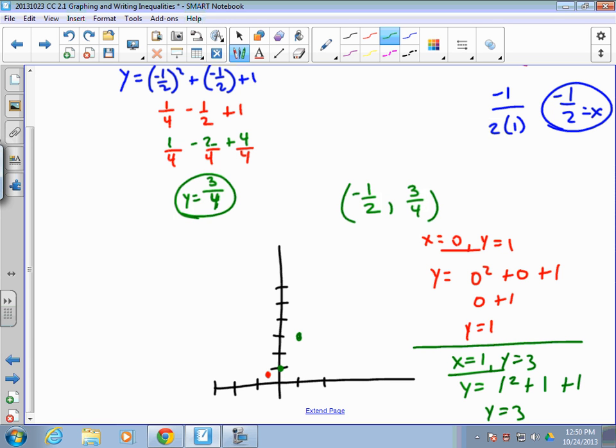This is your axis of symmetry at negative 1/2. And we can mimic that on the other side. So go 1/2 over to negative 1, positive 1, and to negative 2, positive 3. And we could draw our parabola looking like that.